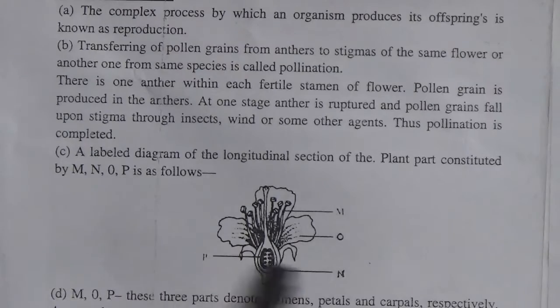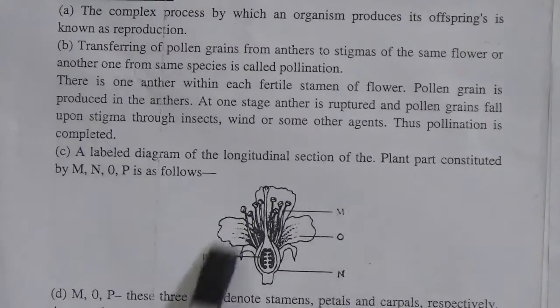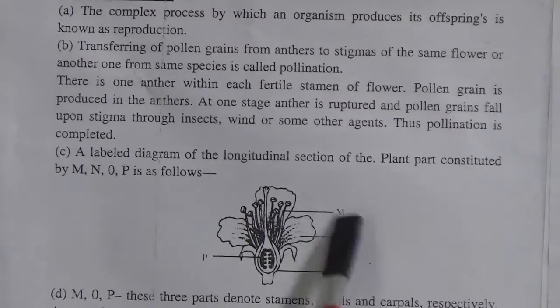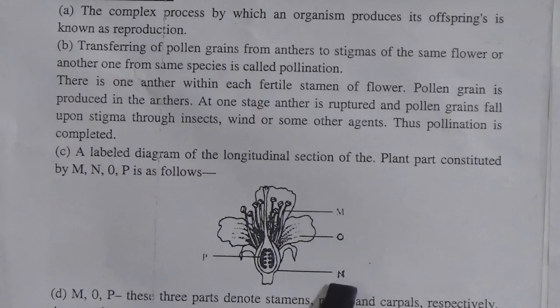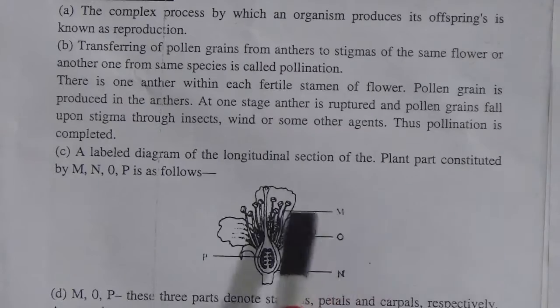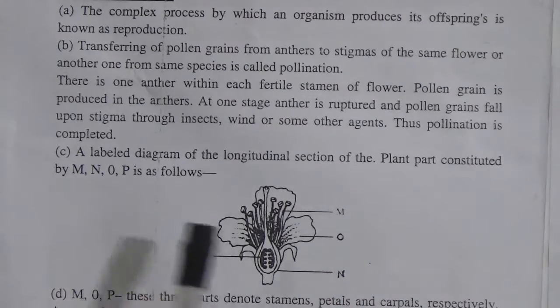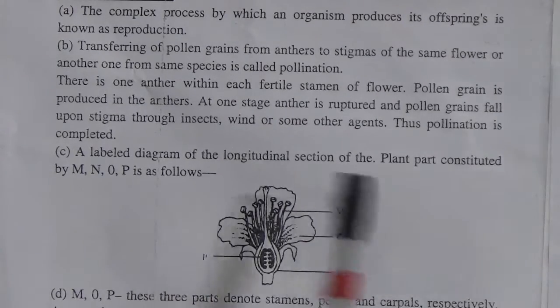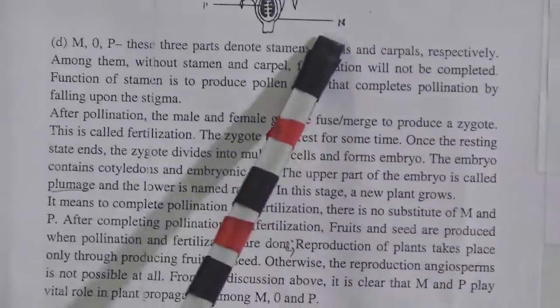You have to draw the flower's figure as homework in your homework copy, and along with it indicate M, N, O, P, you have to write their names also. You will label on one side. I label the P on another side, you will label on the same side. It will be better for you.